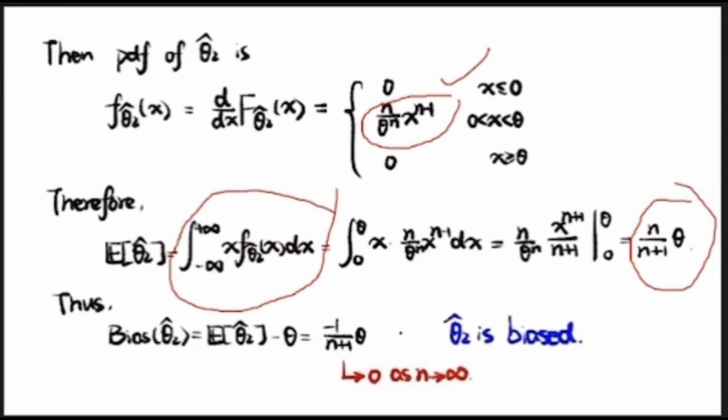If you want to calculate your bias, what do you get for the expected value of theta cap 2? n over n plus 1 theta, then minus theta. Now my bias is negative 1 over n plus 1 theta. Bias could be negative or positive, and that is the reason why if you want to find the mean square error, you need to square it.